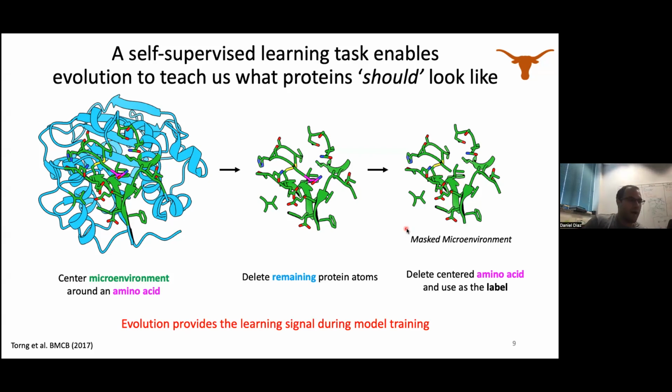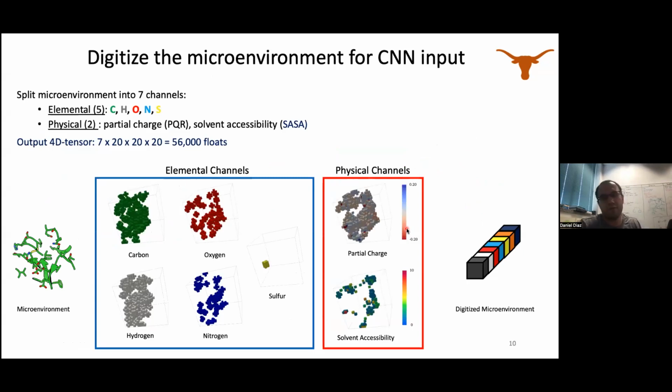So after we generate masked microenvironments, we have to format or digitize them for these CNN models. So here is the original digitization for the MutCompute model. We essentially had a 7-channel representation with about a 20 angstrom cube. So we had elemental channels shown here: carbon, oxygen, nitrogen, sulfur, hydrogen, and then partial charge and solvent accessible surface area. And we do this for every masked microenvironment in our training set, and whenever we run any predictions on a protein.